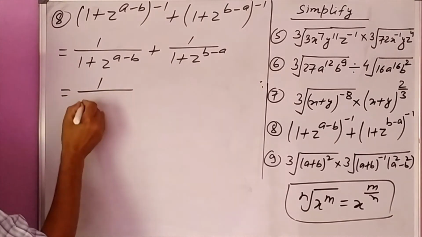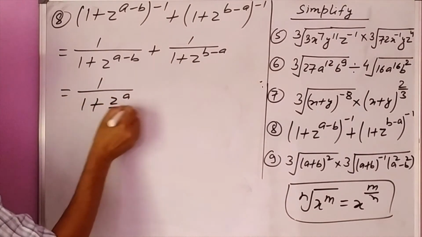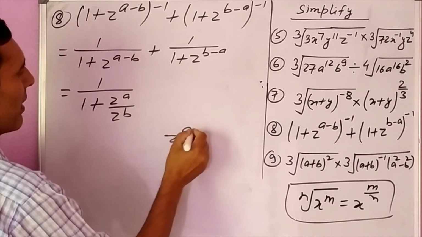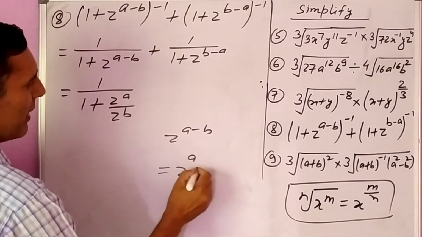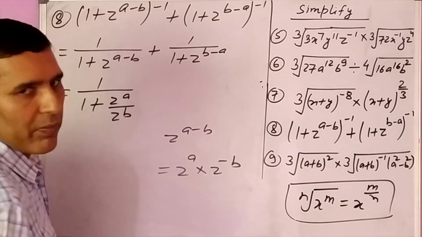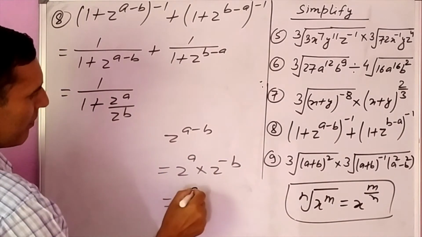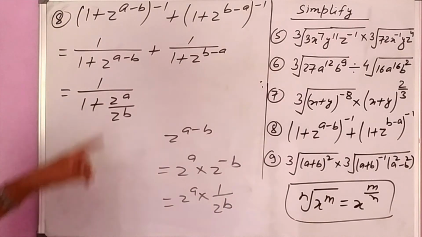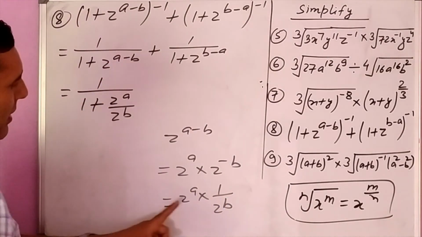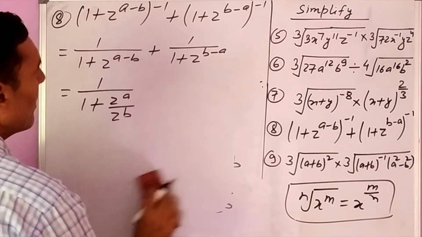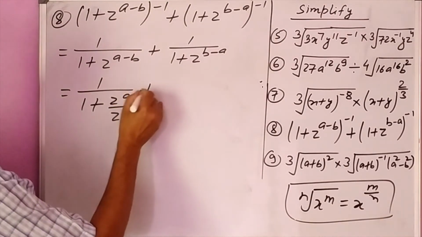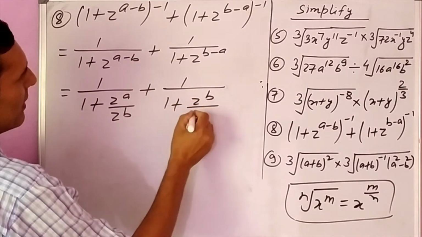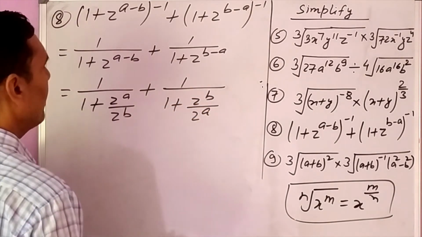It can be written as 1 plus z to the power a upon z to the power b, because z to the power a minus b is z to the power a into z to the power minus b. If you separate the power, that is z to the power a, it is 1 upon z to the power b. So z to the power a minus b is z to the power a upon z to the power b. Similarly, the second term denominator also 1 plus z to the power b upon z to the power a.